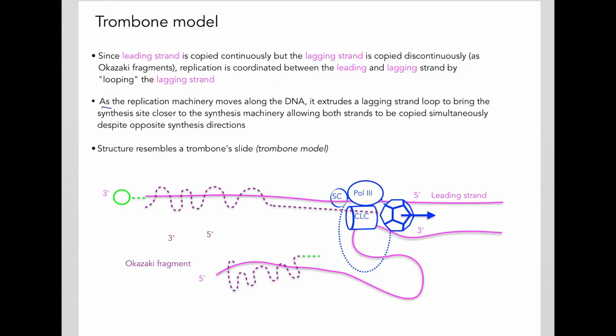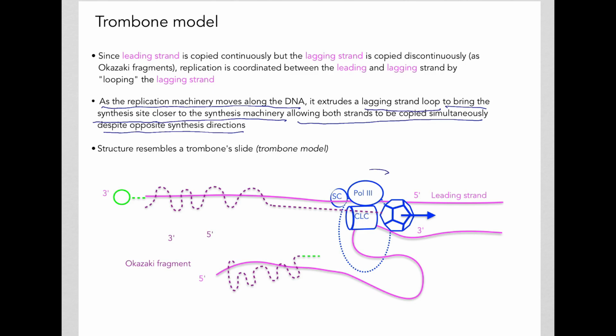As the replication machinery moves along the DNA, it will extrude a lagging strand loop to bring the synthesis site closer to the synthesis machinery. And this will allow both strands to be copied simultaneously despite opposite synthesis direction.